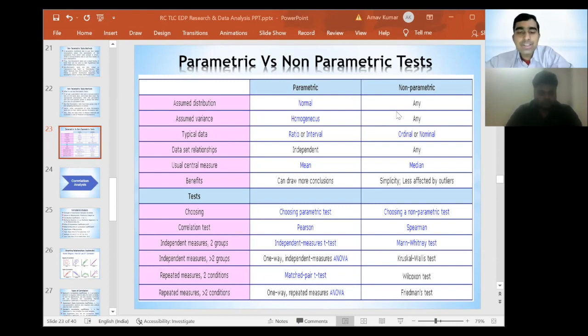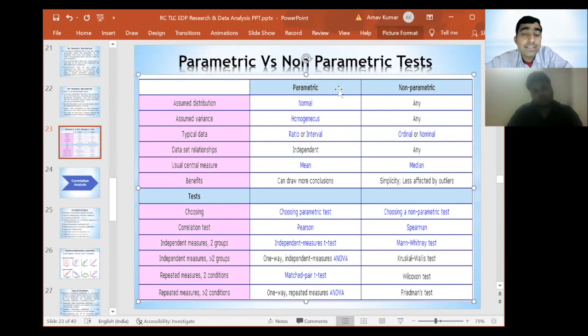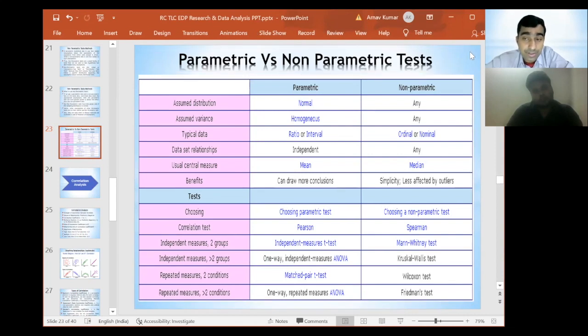Parametric techniques have many assumptions, but sometimes these assumptions are not met in real life, and that is when we really face a challenge. For example, one of the assumptions, as you can see here, is that the data should be normally distributed. What will happen if the data is not normally distributed?